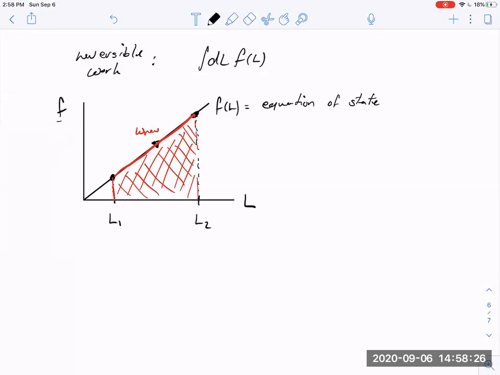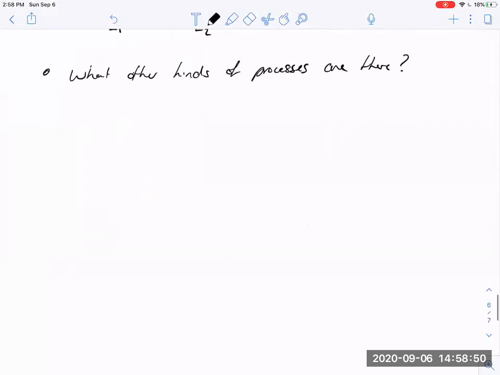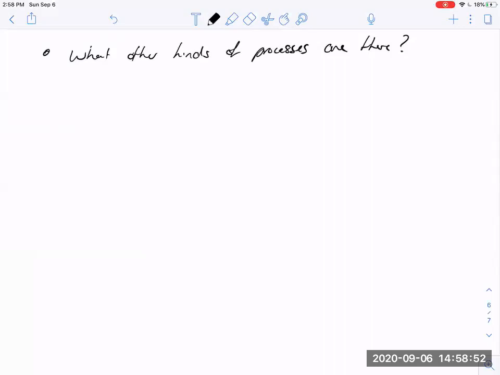We can imagine other sorts of processes that afford the same change in length. Well, a different way of going between L1 and L2 would maybe be to apply a constant force.